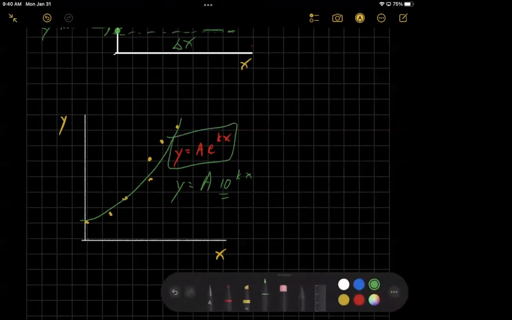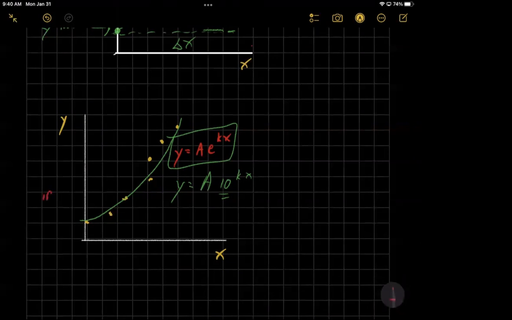But what is a? Well, a is what you would get when x is 0. If x is 0, you would be right on the y-intercept. The y-intercept value is your a. So that would be easy enough. If you graphed a best fit line, it would be pretty easy to figure out about what a should be.